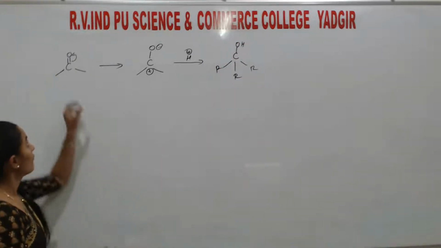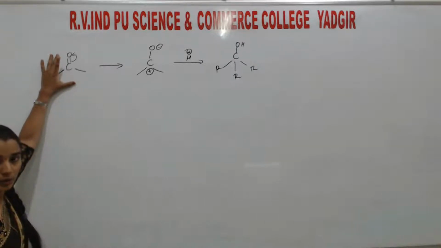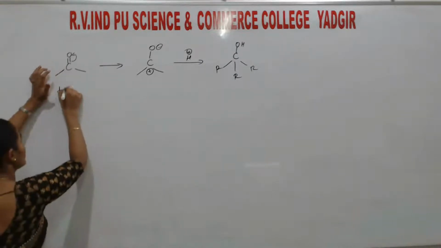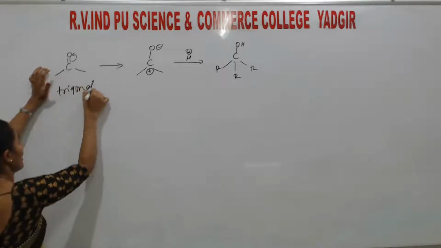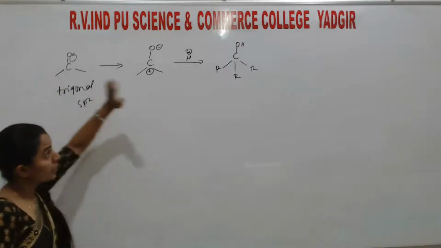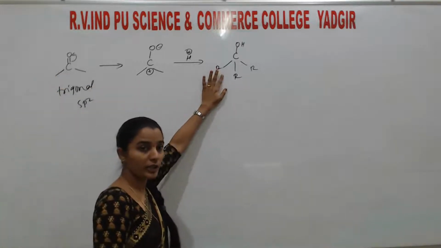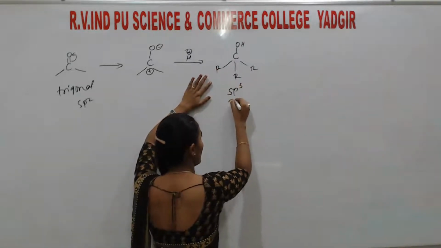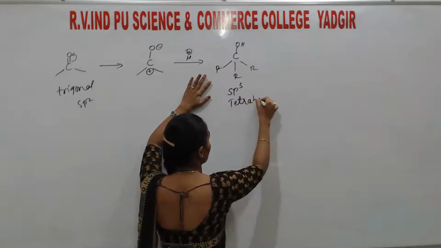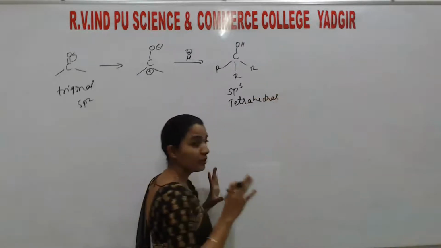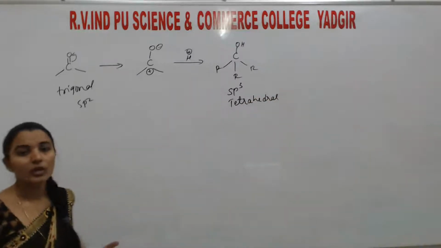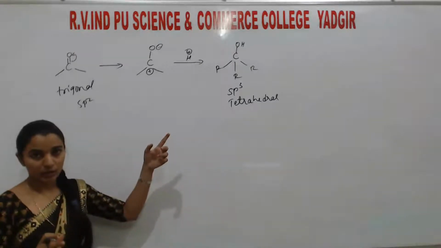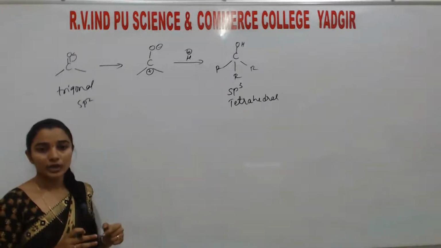Okay, so listen, when this is in a carbonyl group double bond, it is trigonal in shape and sp2 hybridized, and later, when the nucleophilic addition reaction takes place, it changes to sp3 hybridization and tetrahedral shape. This is the nature and the change in geometry of the carbonyl carbon after the nucleophilic addition reaction.